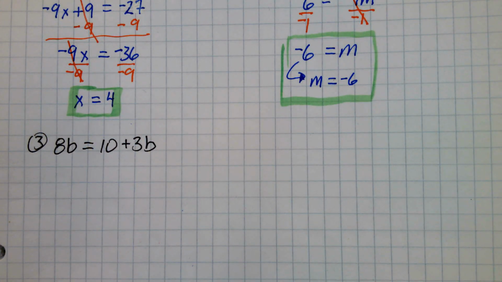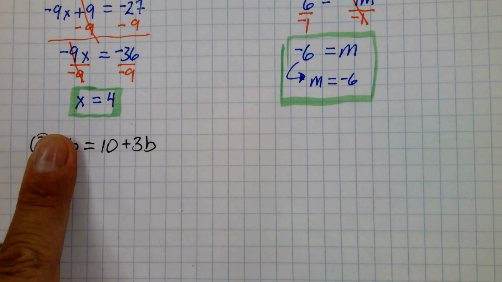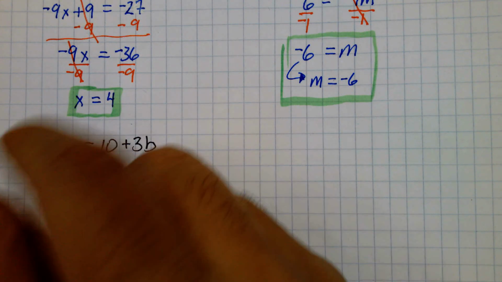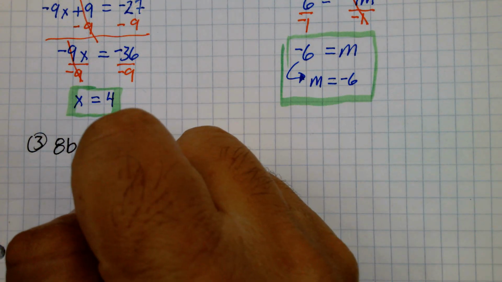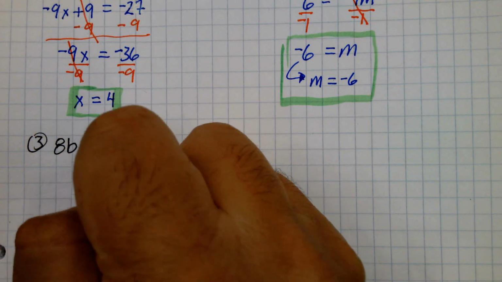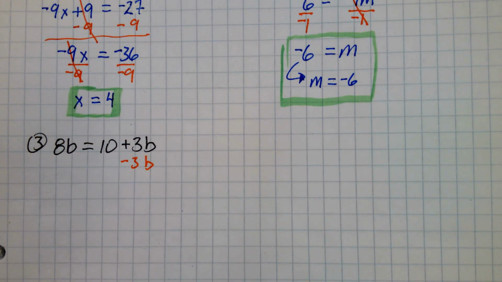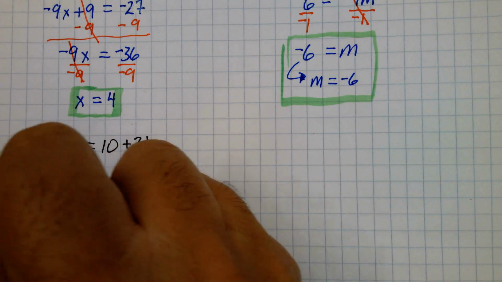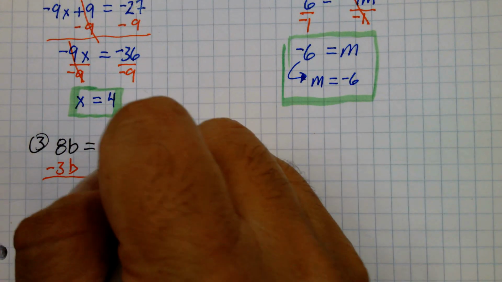So on this one, there's definitely one of the variables we should get rid of. Which one do you think we should get rid of, 8b or 3b? Yeah, if we get rid of 8b, you get a 0 there. You don't want that. If you get rid of this, you still got 10. You would rather do that. So I'm going to get rid of this 3b with a negative 3b. And then we'll do that on the other side. Okay.